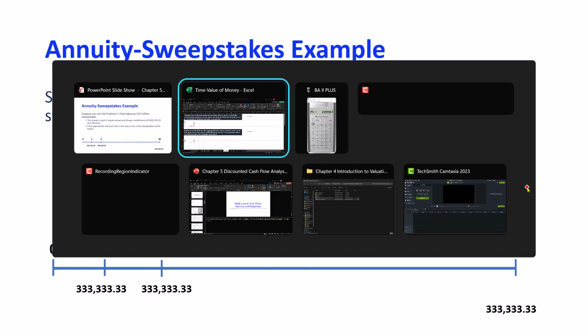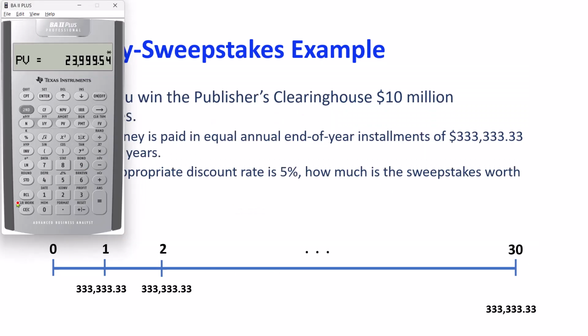I'm going to do it first in the BA2 Plus. We have $333,333.33 for the payment.